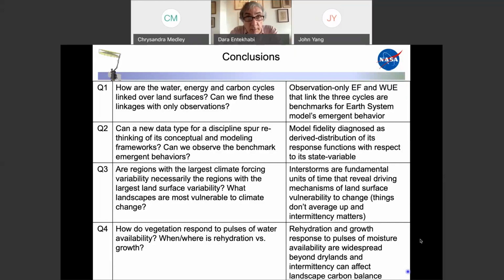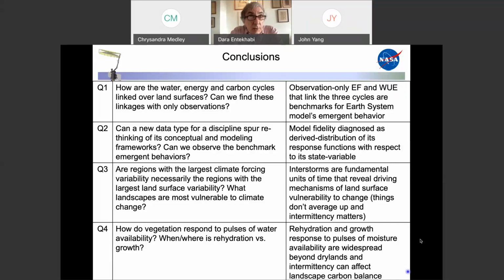Is there a follow-on for continuity? Right now, SMOS, the European L-band radiometry mission, and SMAP are both aging. SMAP is 6 years old. SMOS is, I think, over 10 years old. And at some point, they'll go away.